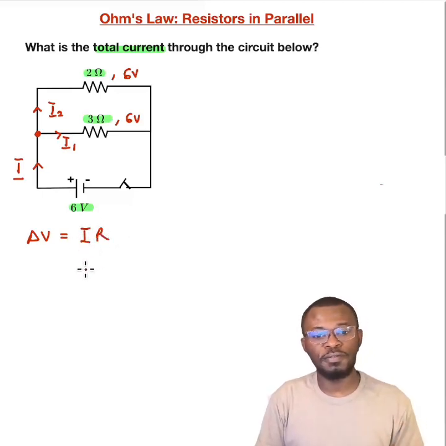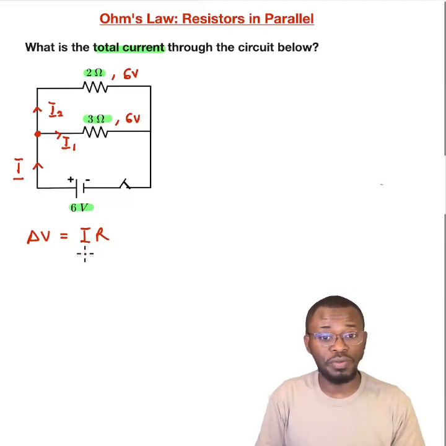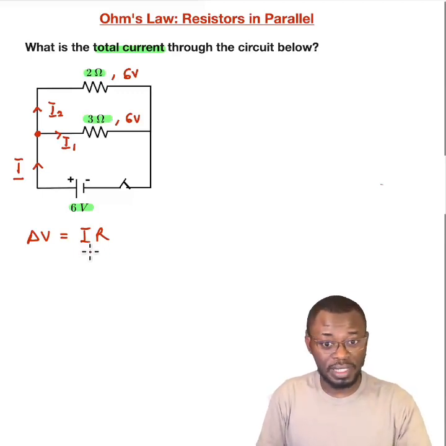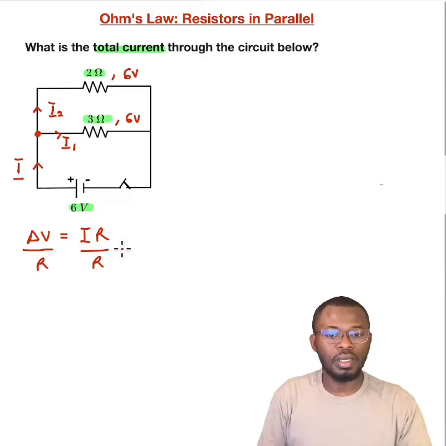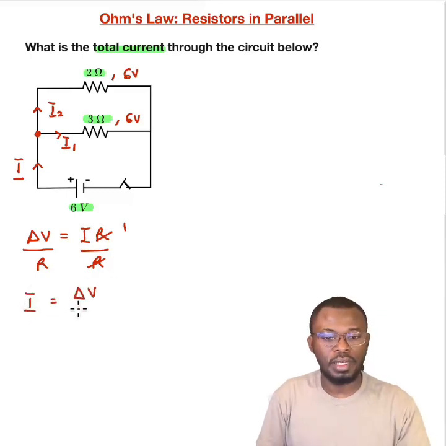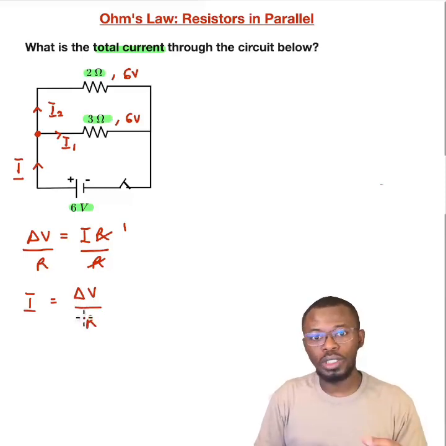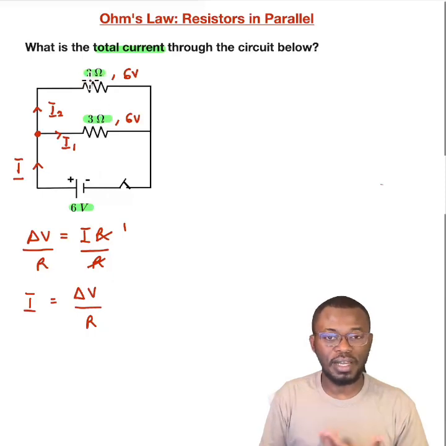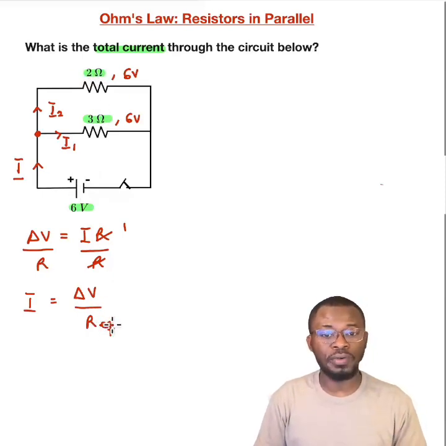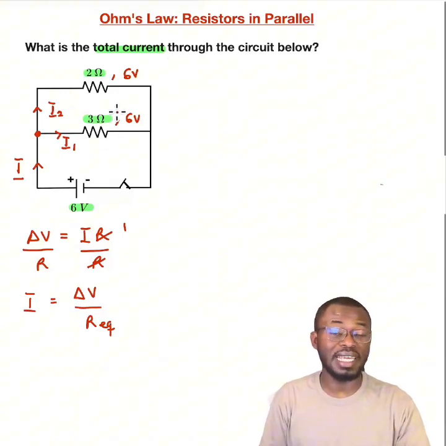Since we are looking for the total current, we can divide both sides of this equation by R. So this R cancels this R to 1, and we have 1 times I, which just gives us I. The total current is equal to the potential difference, delta V, divided by R, the total resistance. Take note not to use just one of these resistor values. You have to use the equivalent resistance, or the total resistance, due to these two resistors in parallel.